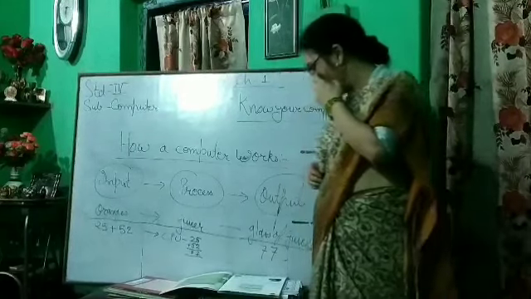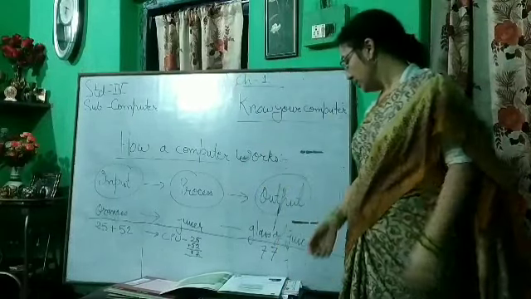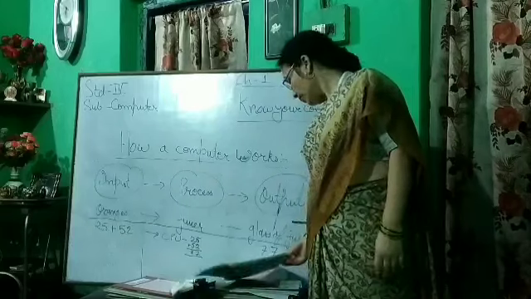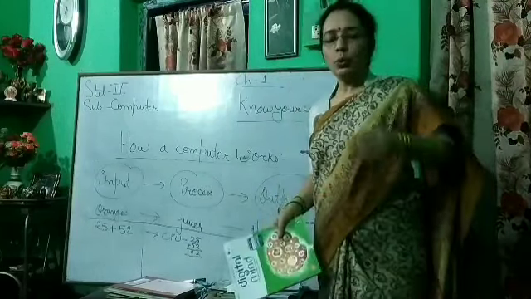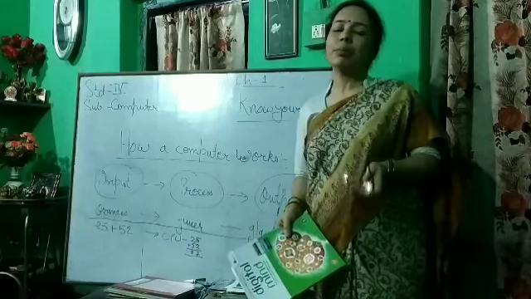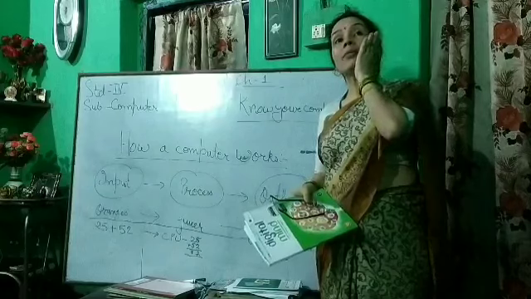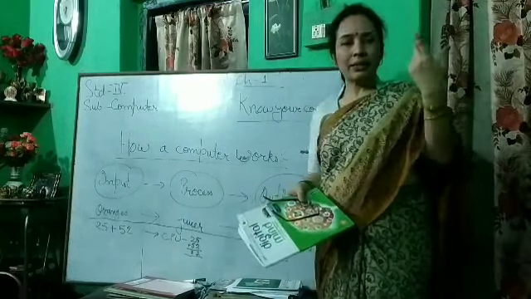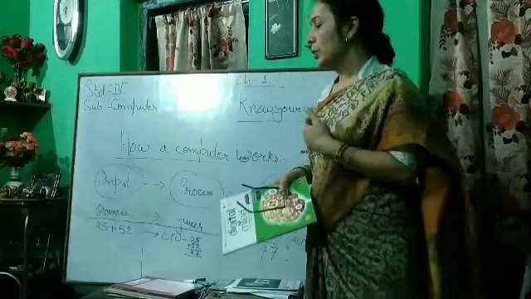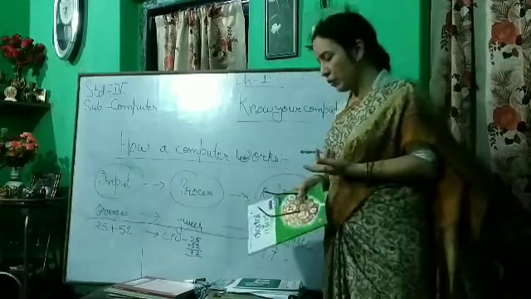Computer is also called a system. Now in Standard 1 and Standard 2 you already learned many things about the computer. In Standard 2 you learned that it's a smart, electronic machine, and it helps us in various ways.